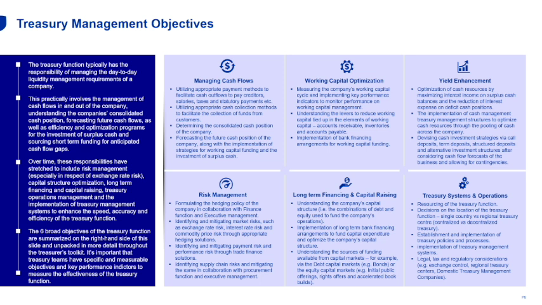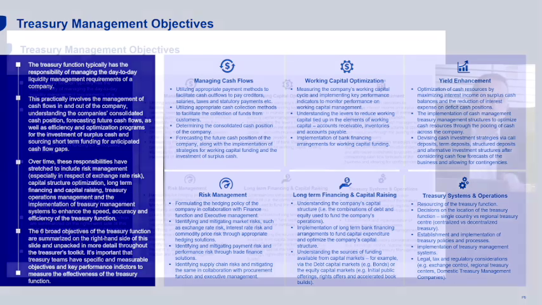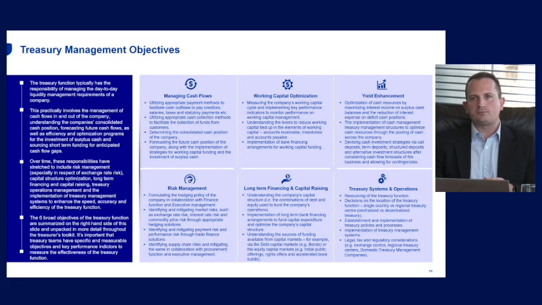Now, the responsibility of the Treasury then is to make sure that the company is able to optimize the return on any excess cash balances over various time horizons. And there's various methods that can be used to actually assist in enhancing yields on those cash balances. So later on, we'll touch on money market deposits and structured deposits, as well as liquidity management structures that can help for this particular purpose.